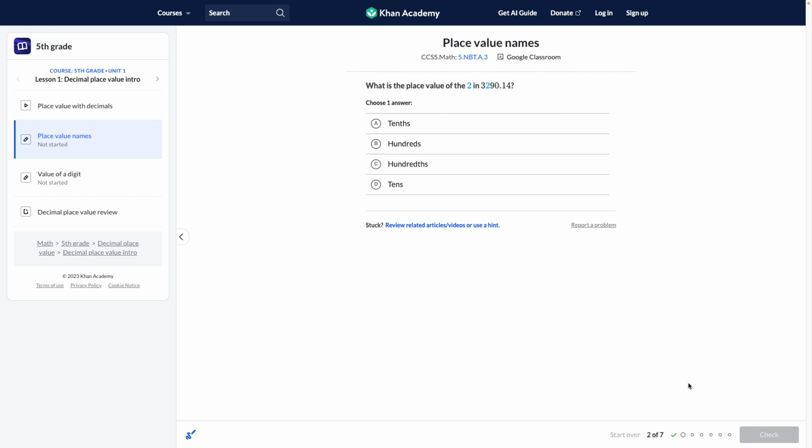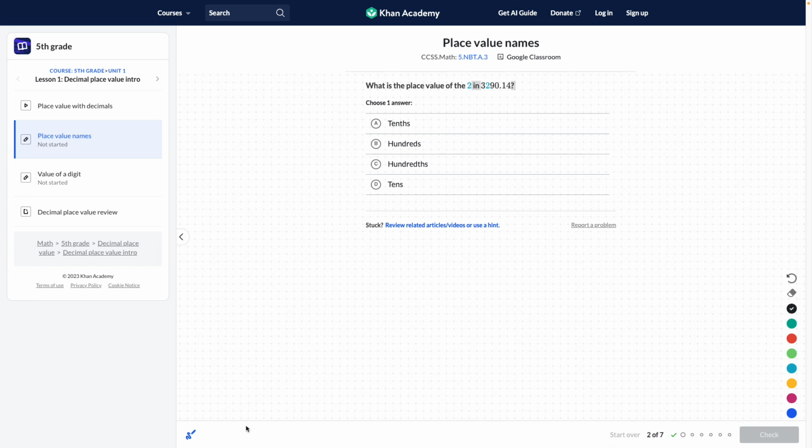Okay, next question. What is the place value of the 2 in 3290.14? Let's start with this. This column here is the ones, and this column here is the tens. So we've got 90 there, and this column would then be 200.